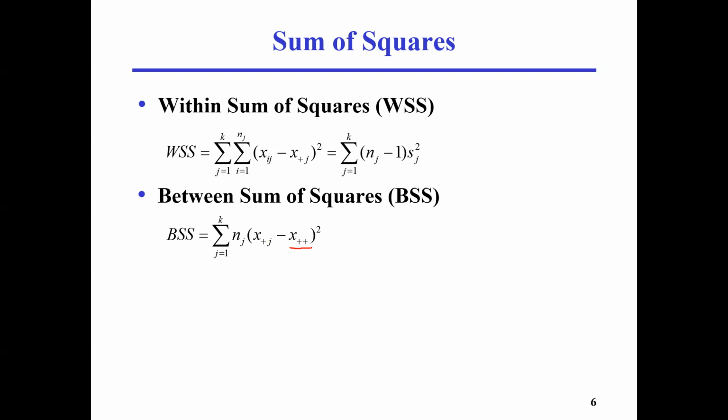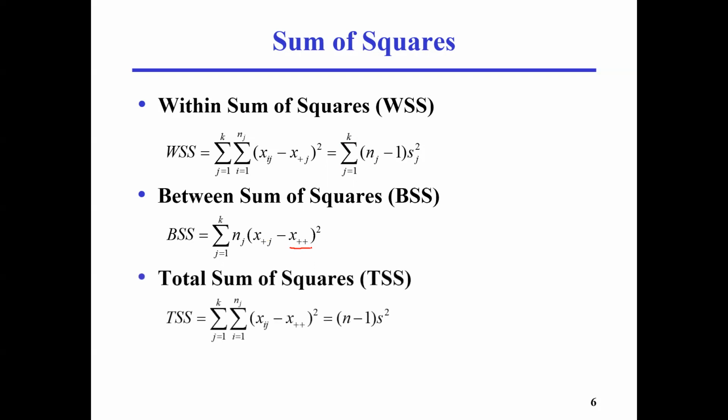So we have WSS, we have BSS. If we add them up, it's the total sum of squares. It is used to address the total variation. So the total variation can be calculated using this formula. N here is the overall number of observations in all samples. And S is the overall standard deviation for all samples, okay?